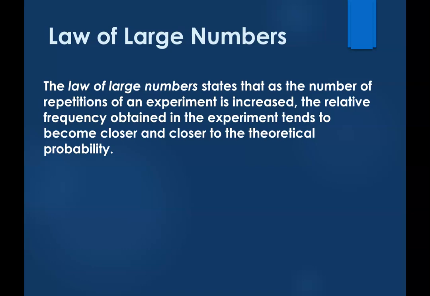So this is called the law of large numbers. It states that as the number of repetitions of an experiment is increased, the relative frequency, remember relative frequency is we take the number, divide by the total, obtained in the experiment tends to become closer and closer to the theoretical probability. So theoretical is the ideal world.